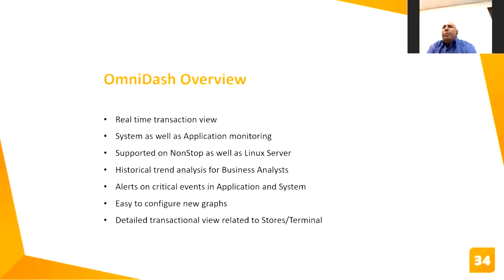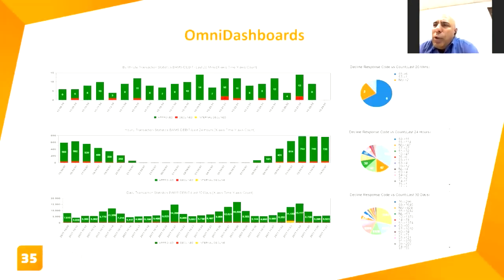So basically, OmniDash is a user interface. It's a GUI which provides a real-time transaction view. It provides information about the application as well as about system events. It's supported on the NonStop as well as the Linux server. Here are some examples of what you can see in OmniDash.